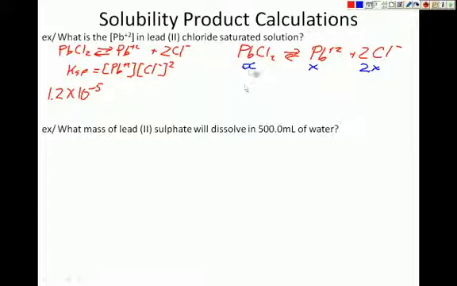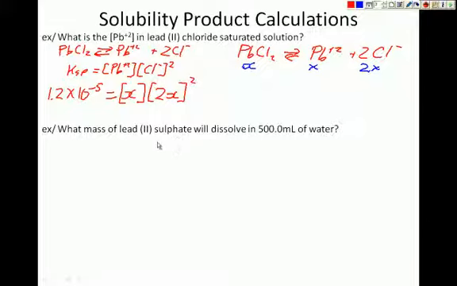When this dissolves into Pb 2+ and Cl minus, we're going to replace these values with these values over here. So this is going to be x times, now the concentration of chloride is going to be twice that of the concentration of lead, so it's going to be 2x, and that is squared.